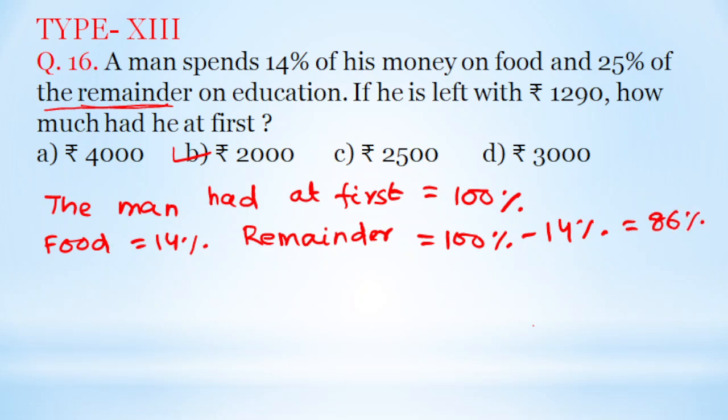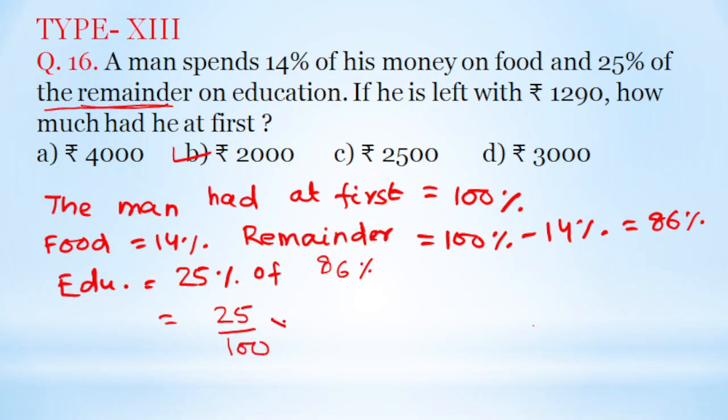Now on education, he spends 25% of the remainder. So 25% of 86%, that is equal to 25 by 100 into 86%.